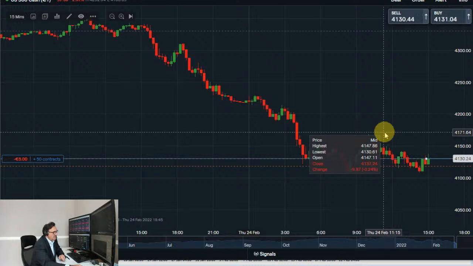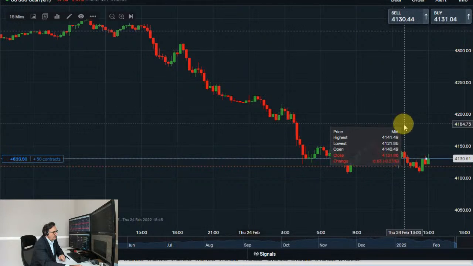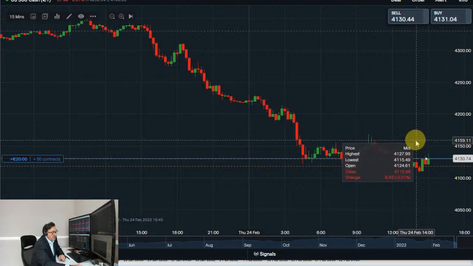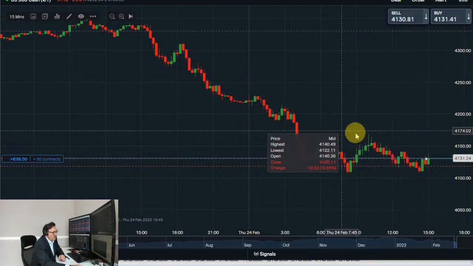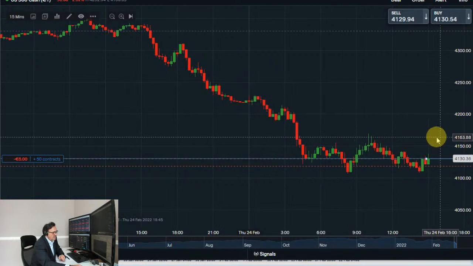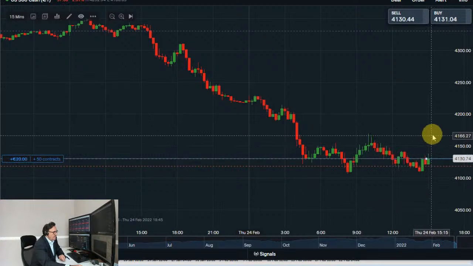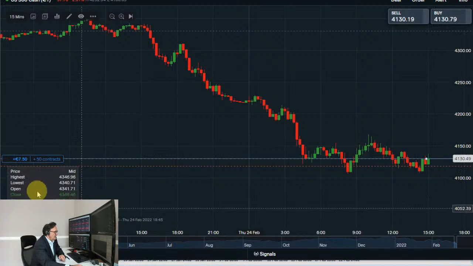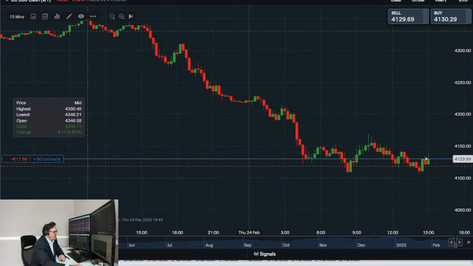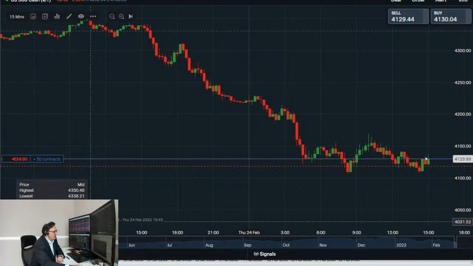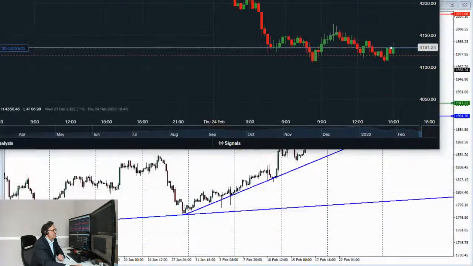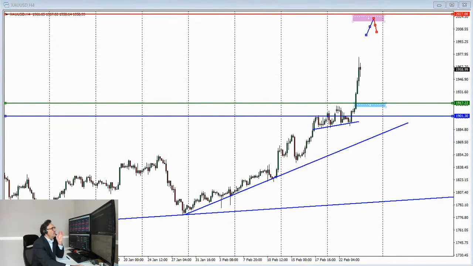My ultimate limit order is much higher now, but I'll likely take either partial profits or all profits up here if the price hits this level, 41.65, 41.70 thereabout. And you can see there's a small P&L here flicking between gains and losses, but let's see. It's a scalp, it's a short-term trade. Let's see how this plays out. I'll keep you informed. If I get stopped out, I'll let you know.